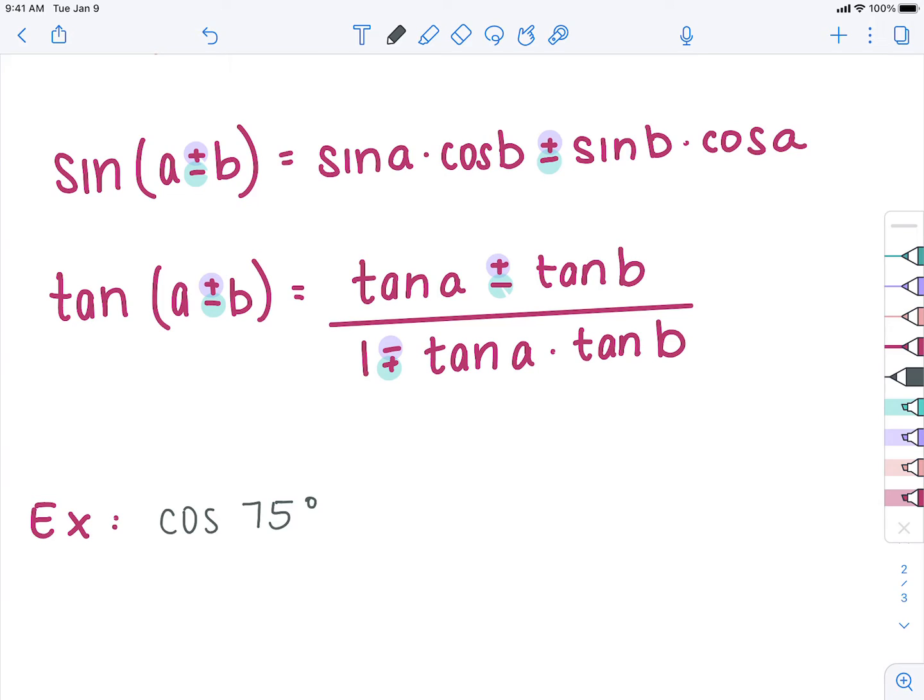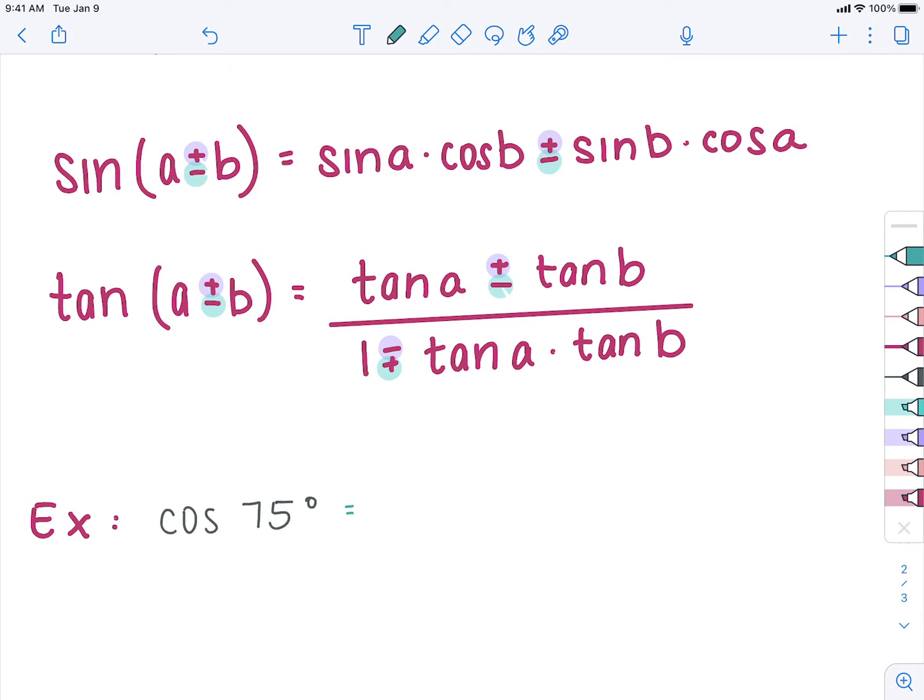But we do know we can break down 75 degrees to be things that are on our unit circle. So we want to intentionally pick numbers that add or subtract to 75 that exist on the unit circle. If I want to add to 75, I'm going to use 45 and 30, because 45 and 30 are both on my unit circle and they add to 75.